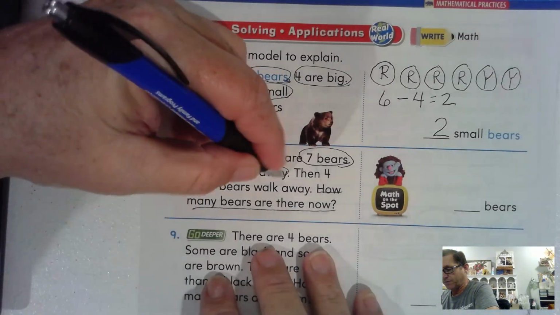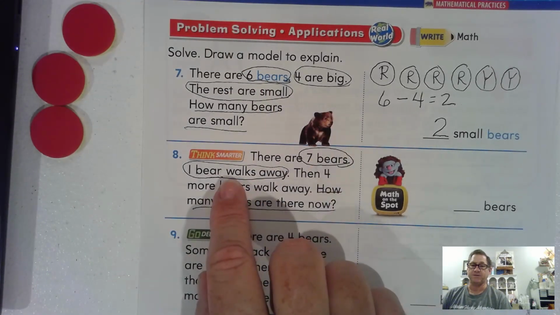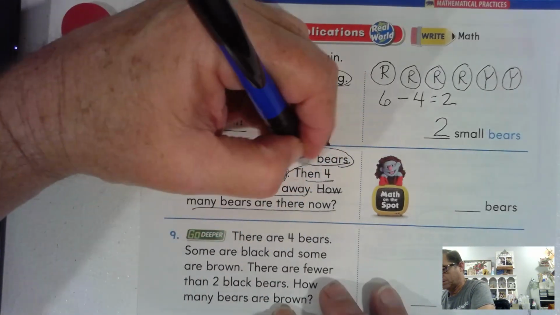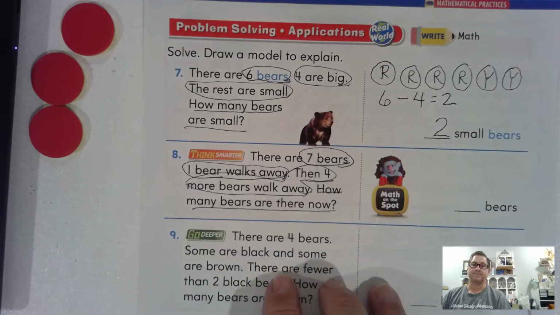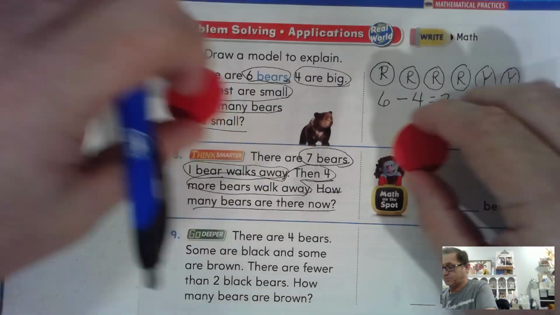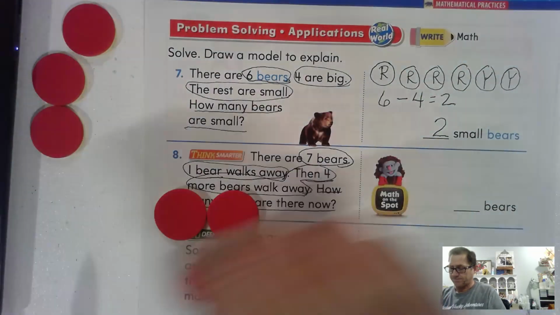However, one of those bears walked away. So now we're not going to have 7 bears anymore, right? Then 4 more walk away. So we've got to take those away from what was remaining, right? So I'm going to go ahead and show that with our counters.